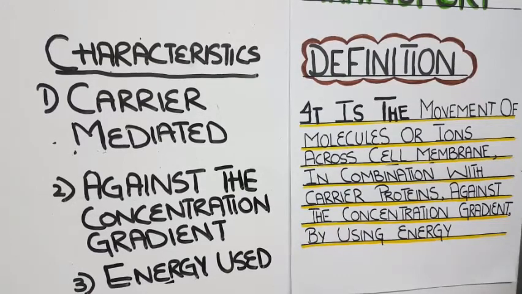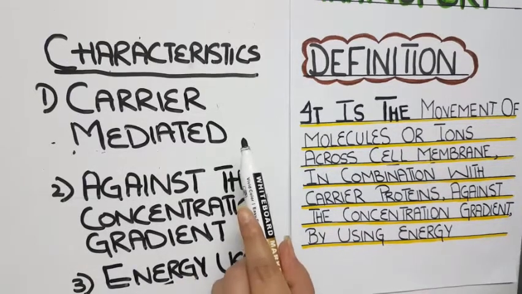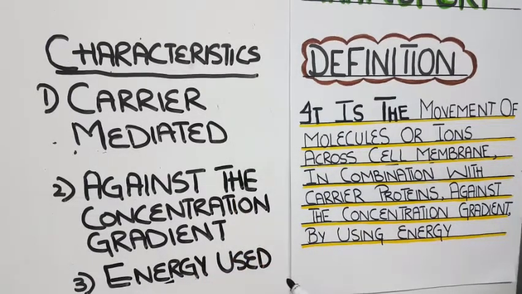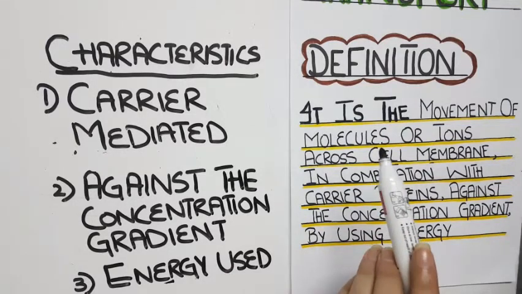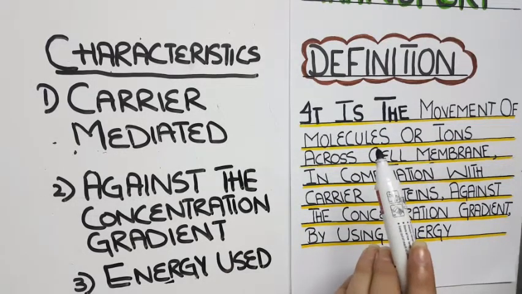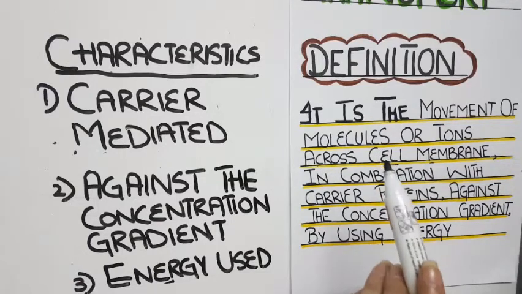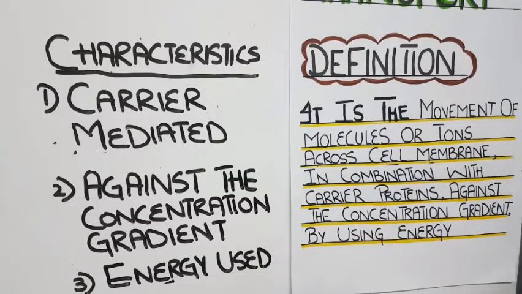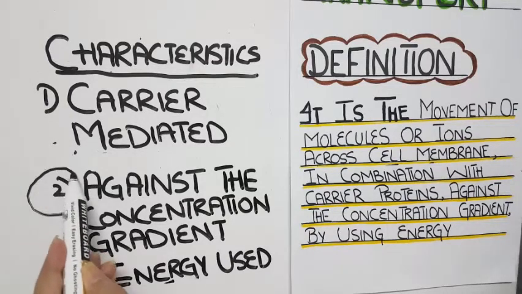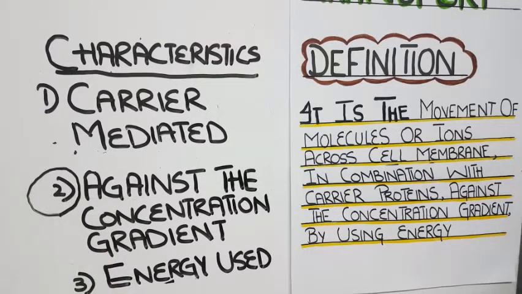Number one is carrier mediated, which means that these molecules or ions need a carrier protein in order to be moved across a membrane. Second, there is movement of molecules or ions against the concentration gradient.